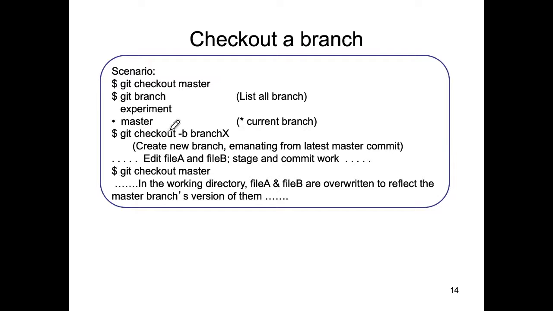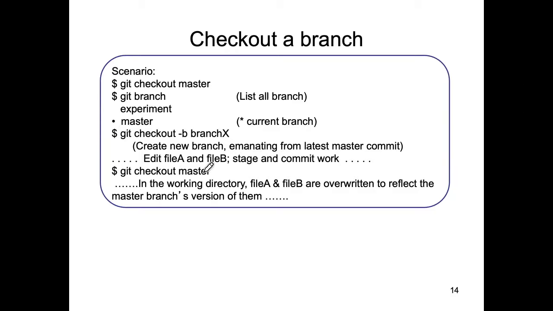If I now go along and do this, this is going to create branch X, and I'm also switching to that. So I've created a new branch, and I've also switched head to be pointing at that branch. Then I go along and I edit file A and file B, let's say, and I stage and commit.